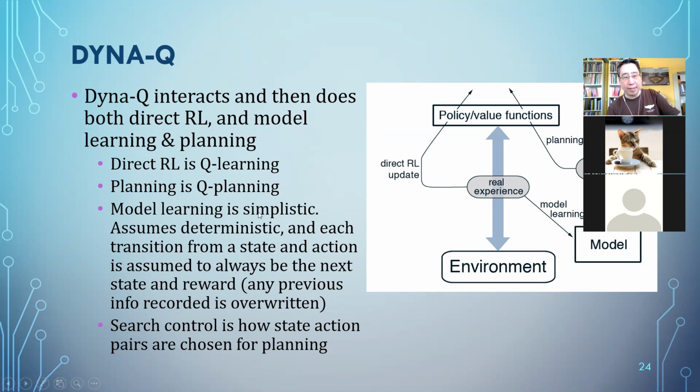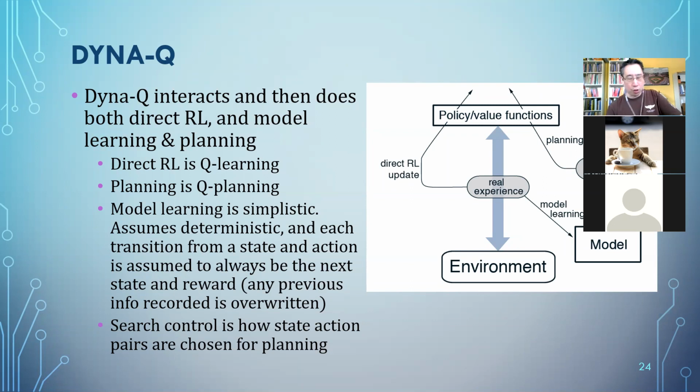And in the case of the basic DynaQ algorithm, model learning, it's not really learning, basically. It's just very simply going to assume that the world is deterministic, even if it knows it's not. And it's just going to track, for every state in action, the last time I did it, what was the reward and what was the next state?